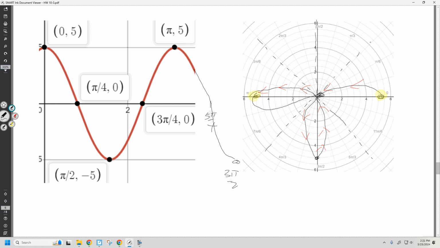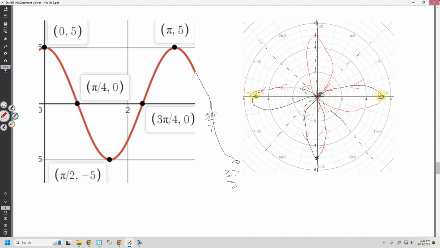This is that top. We don't get to create the top petal until we get all the way over here to these angles, and we're plotting the opposite radius. And then we come back in and we finish off between 7 pi over 4 and 2 pi.